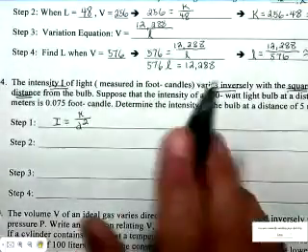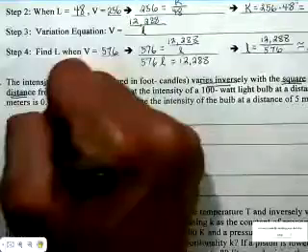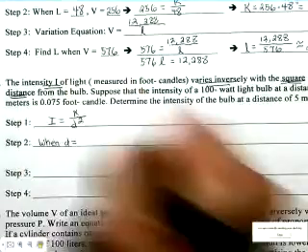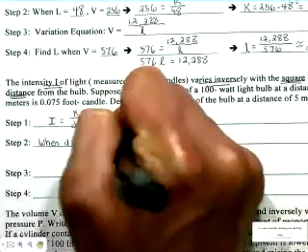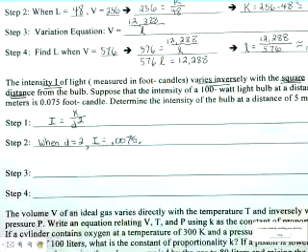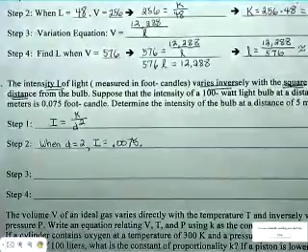All right, so when the distance is 2, the intensity is 0.075. Ooh, too many zeros. I put the decimal in the wrong place. Thank you.